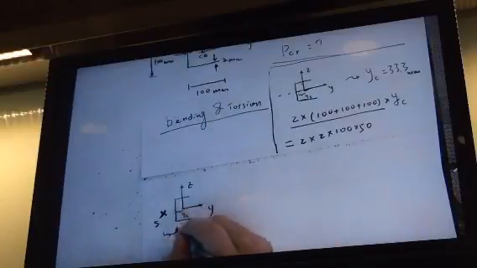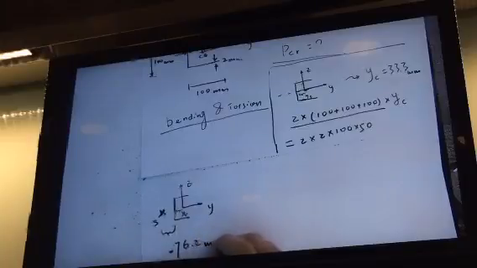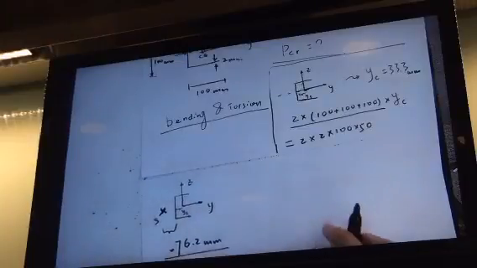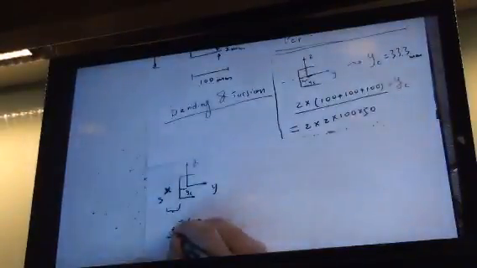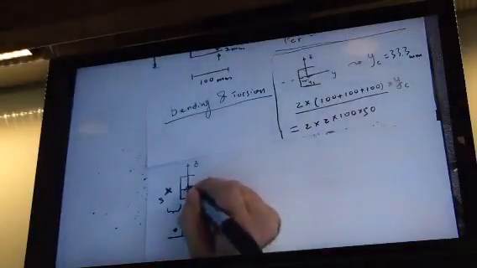And actually the solution for this is 76.2. The shear center, from here to here, is the distance from the origin.